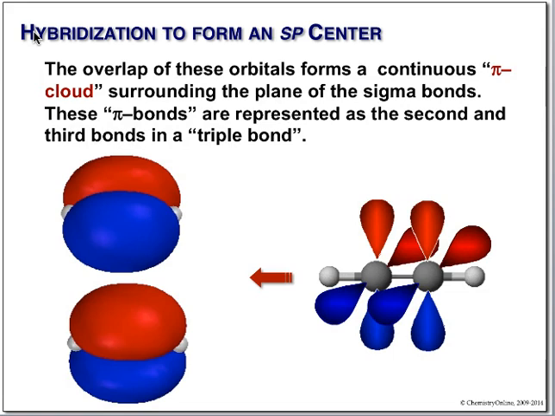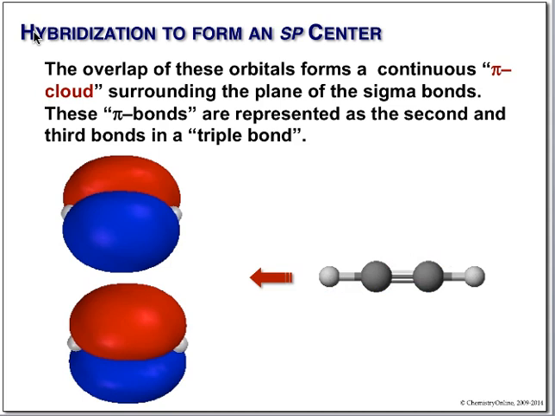We have 2 molecular orbitals constructed of p orbitals, so we call these pi orbitals or pi bonds. We have 1 from these 2 and 1 vertical from these. These pi orbitals are what we refer to as the 2 extra bonds in our alkyne. All right, so that's bonding in a very quick nutshell.